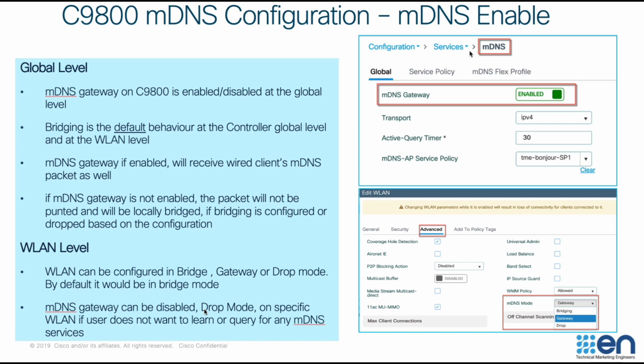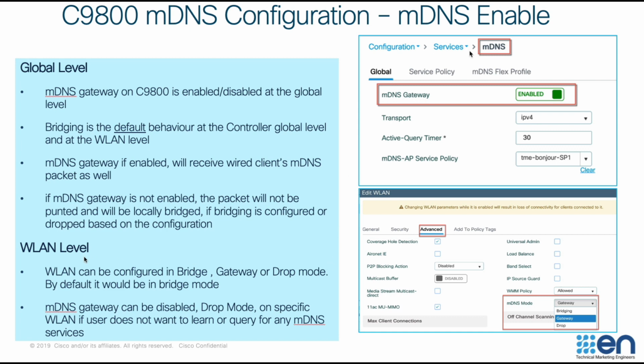As you can see, there is MDNS, and as we mentioned earlier, you have to enable it at the global level, and you also have to enable it at the WLAN level. By default, if it's not enabled, MDNS is going to be in bridging mode, and we're not going to capture or cache any of the services at the controller level.